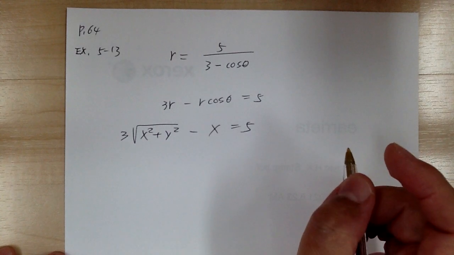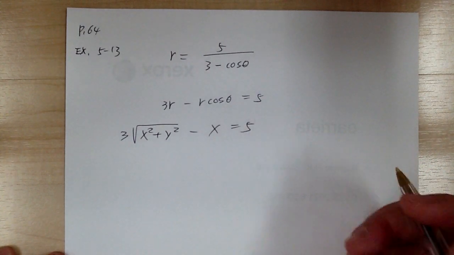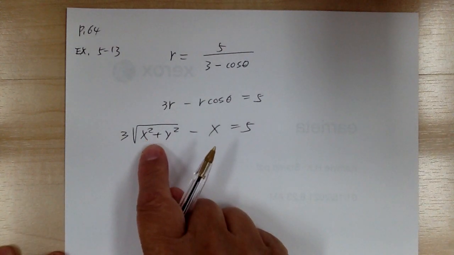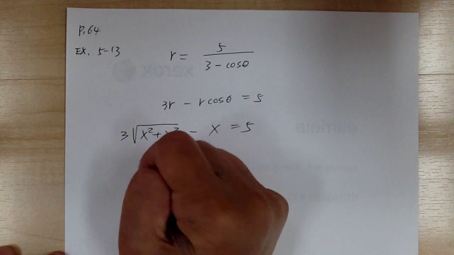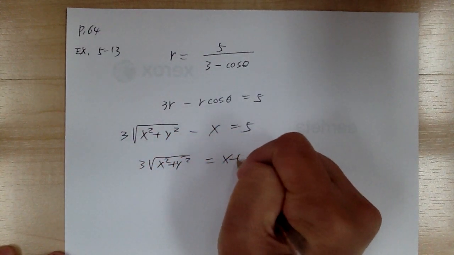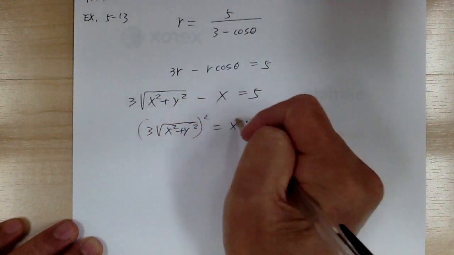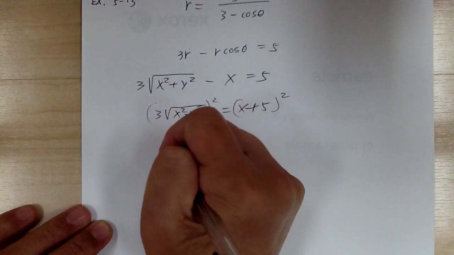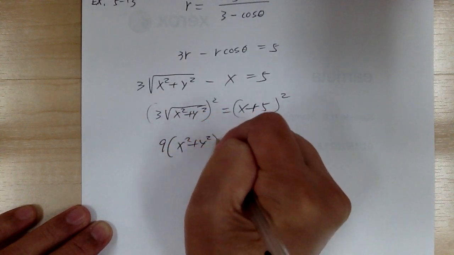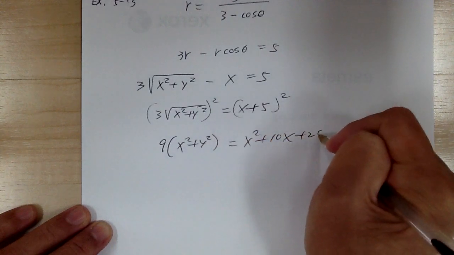Then what you want to do is get rid of the square root. I'm going to move this over and square both sides to get rid of the square root. So I get 9 times x squared plus y squared equals x squared plus 10x plus 25.